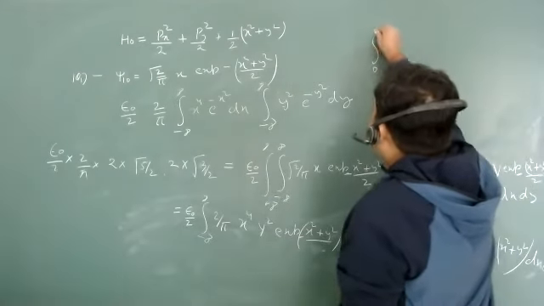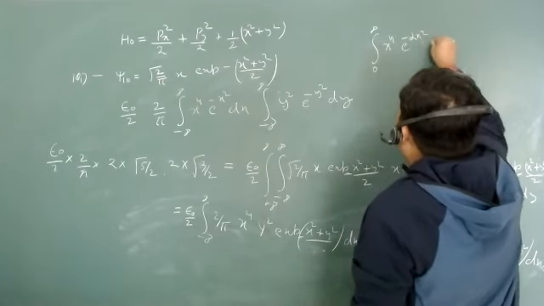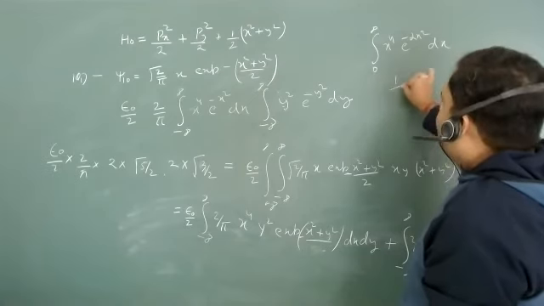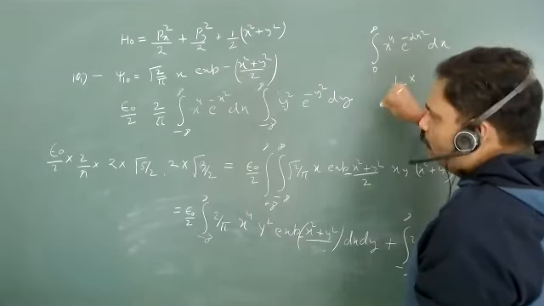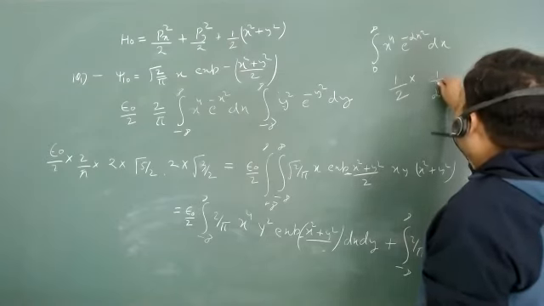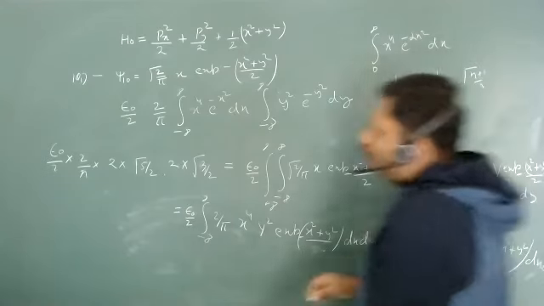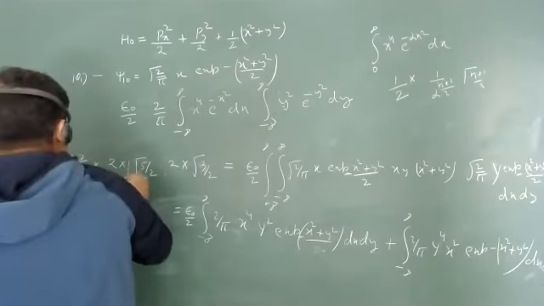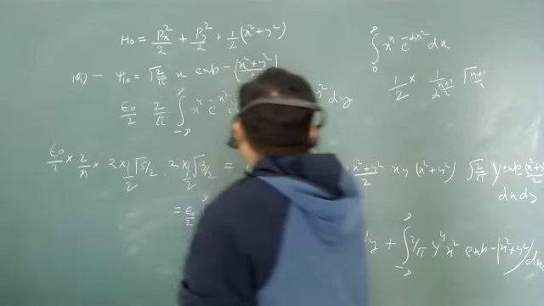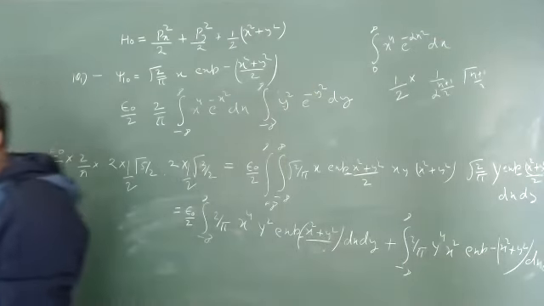Remember the formula. 0 to infinity x to the power n e to the power minus alpha x square dx is equal to 1/2 into 1 upon alpha to the power n plus 1/2 gamma n plus 1/2. So there is 1/2 also there. Okay. This is gamma integral, na? Minus infinity to plus infinity is not gamma integral.